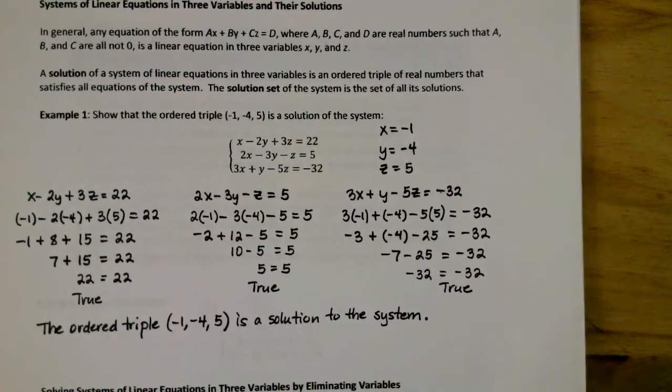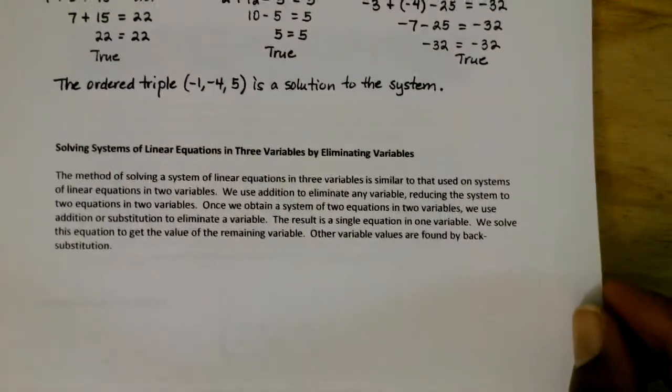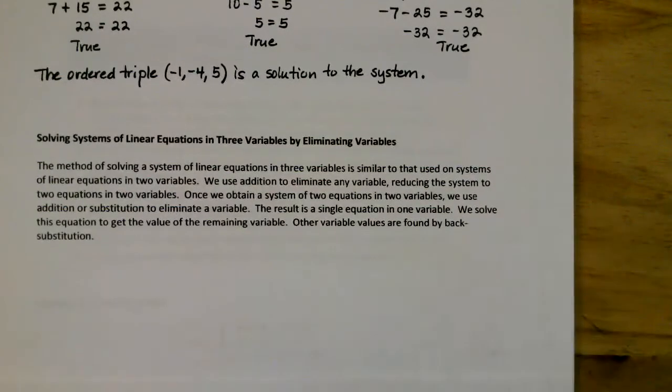All right, now let's go into solving systems of linear equations of 3 variables. And we're going to do this by eliminating variables. The method of solving a system of linear equations in 3 variables is similar to that used on systems of linear equations in 2 variables. Here we're going to use addition to eliminate any variable, reducing the system to 2 equations in 2 variables.